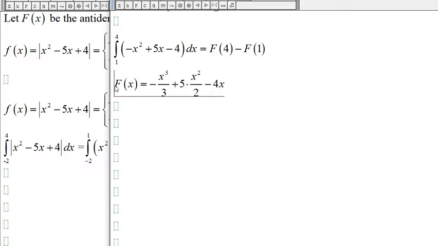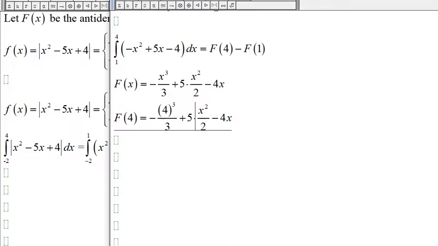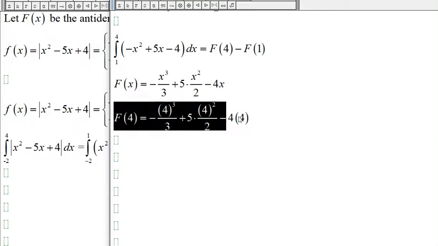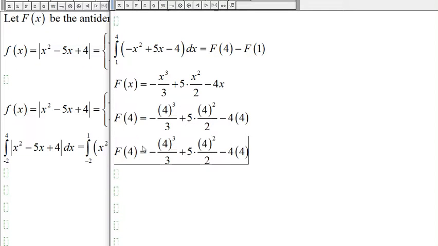And then we need to evaluate the antiderivative at 4, and then at 1.